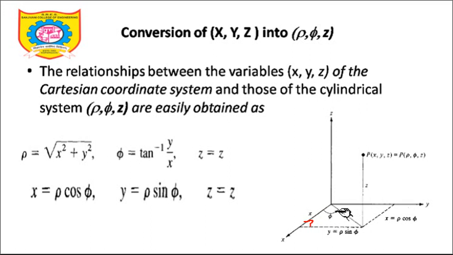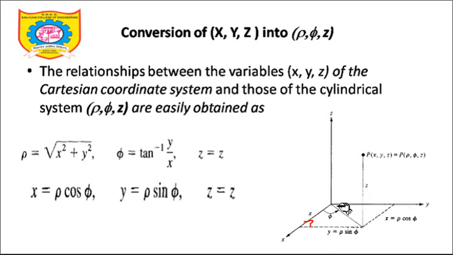So if I want to represent this in the cos phi direction, what can I write? Cos phi is equal to adjacent x upon rho, or x equals rho cos phi. Since the parallelogram law of vectors is applicable here also, we see that x equals rho cos phi and y equals rho sin phi according to this trigonometric identity.